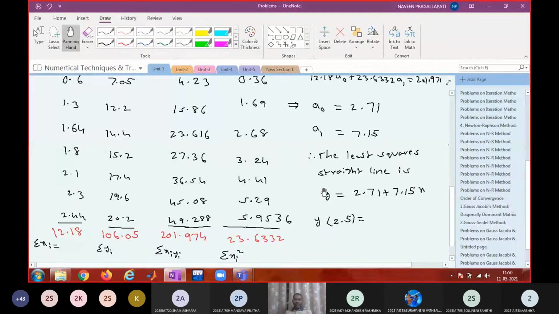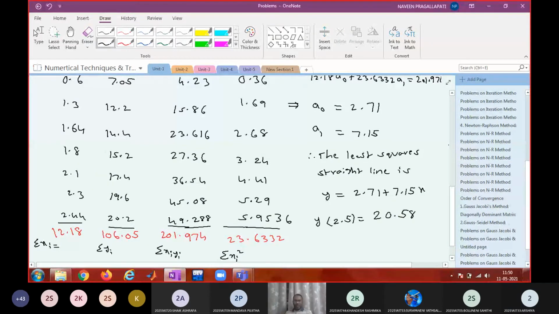So what is that y value at 2.5? Yes, sir. Tell me what is the y value at 2.5. 20.585.